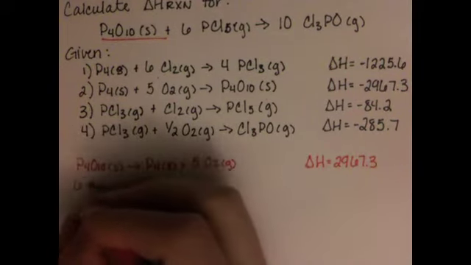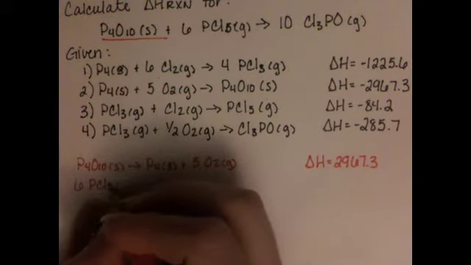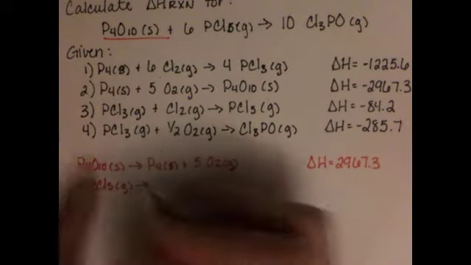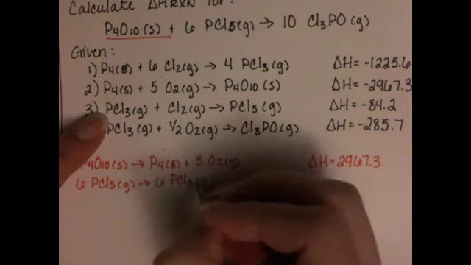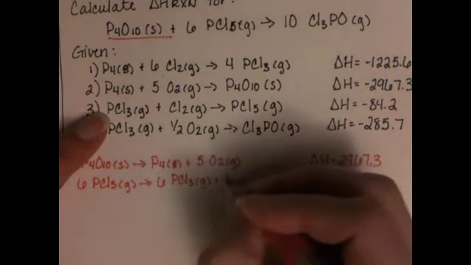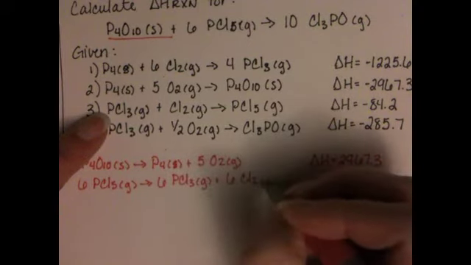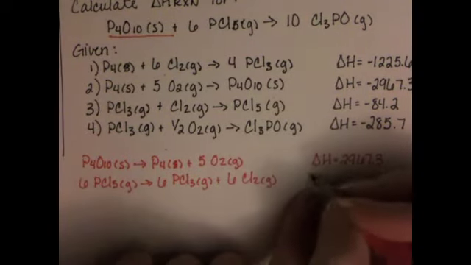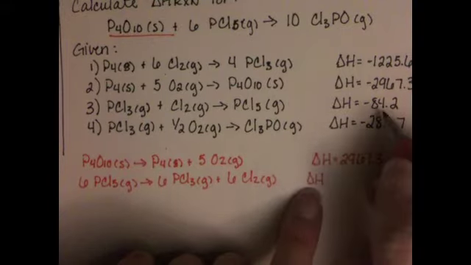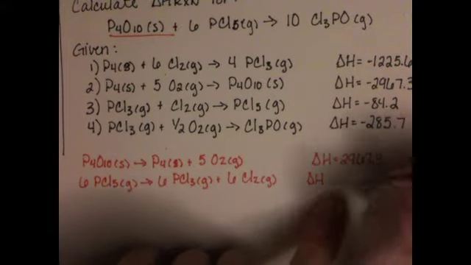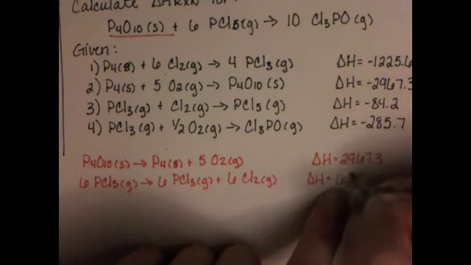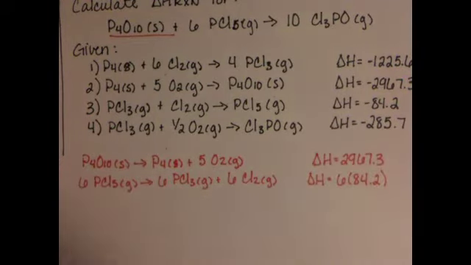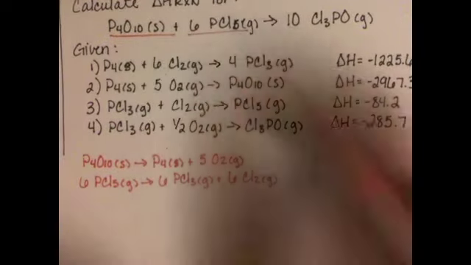So we're going to have 6 PCl5 gas to produce 6 PCl3 gas and 6 Cl2 gas. And our delta H, we're going to reverse its sign and multiply it by 6. So it's going to become positive, and it's going to be 6 times 84.2. That takes care of that.